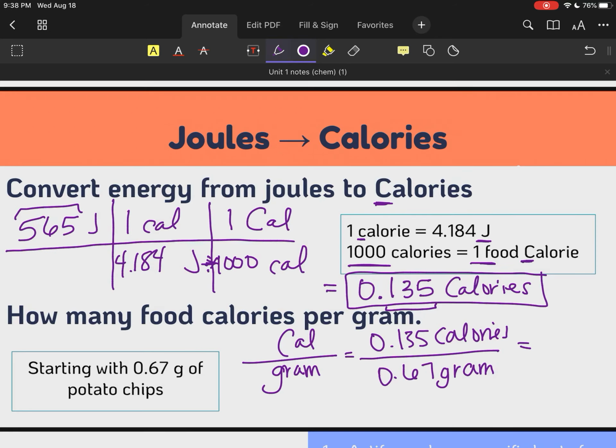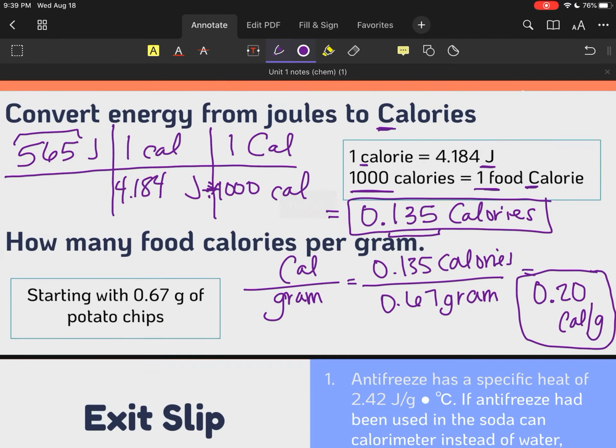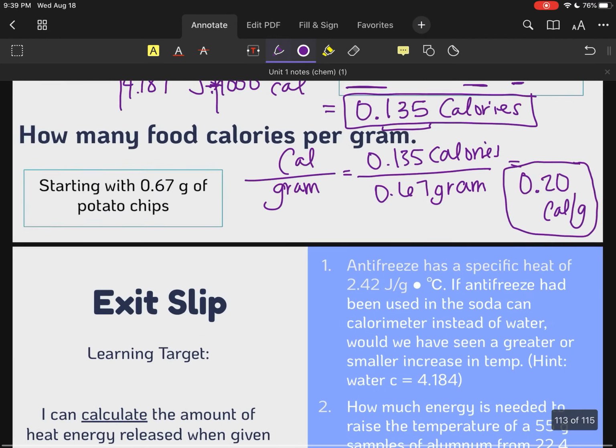So when I divide 0.135 divided by 0.67, it comes out to be about 0.2 calories per gram. So not a whole lot of energy from that potato chip, right? You might find during the lab that some foods have more energy than others. I'm sorry, more energy than others, not more potato chips.